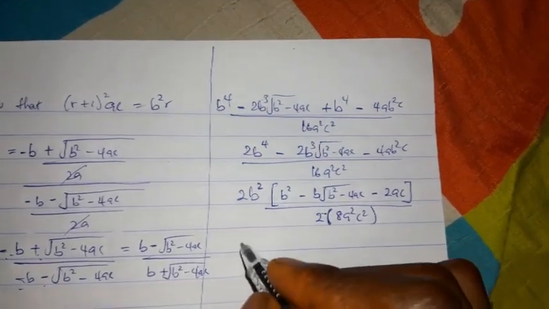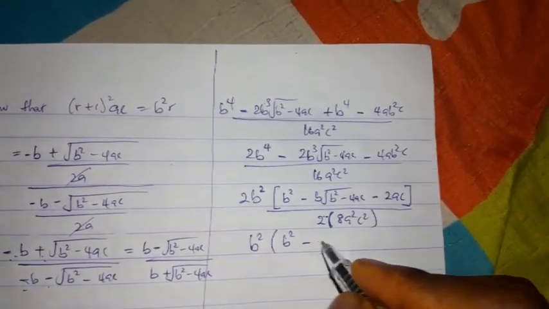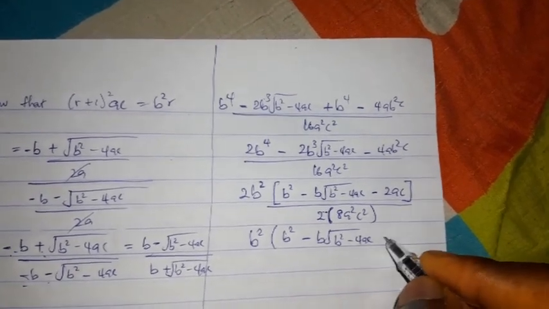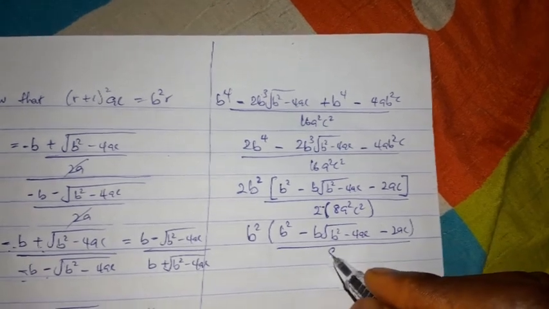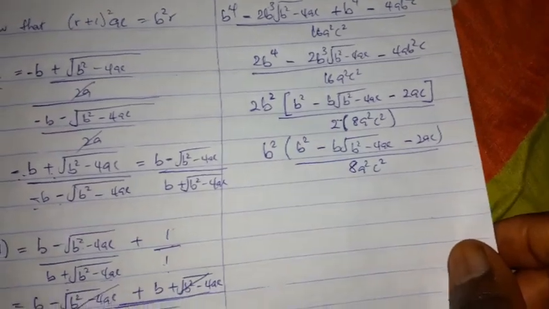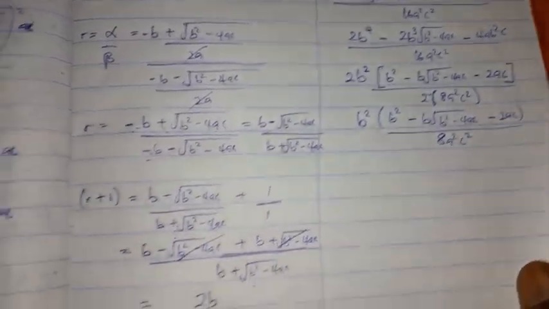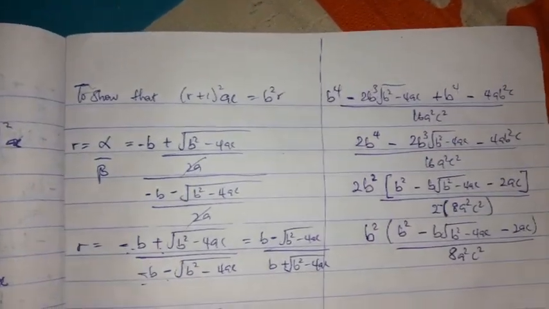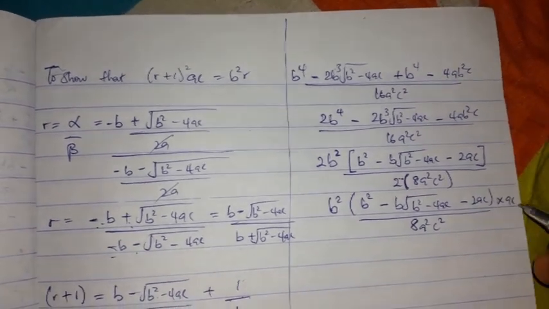Now dividing, I have this as what? b squared into b squared minus b square root of b squared minus 4ac minus 2ac all over 8a squared c squared. Now this is what I got when I squared r plus 1. Now finally, multiplying by ac, what does that now become? It means this becomes times ac over 1.